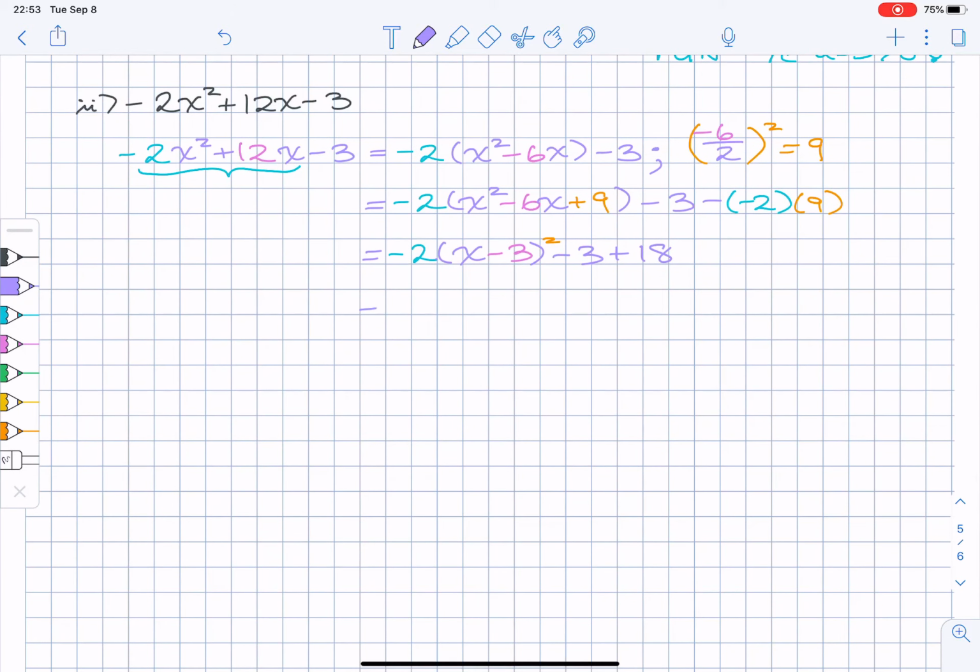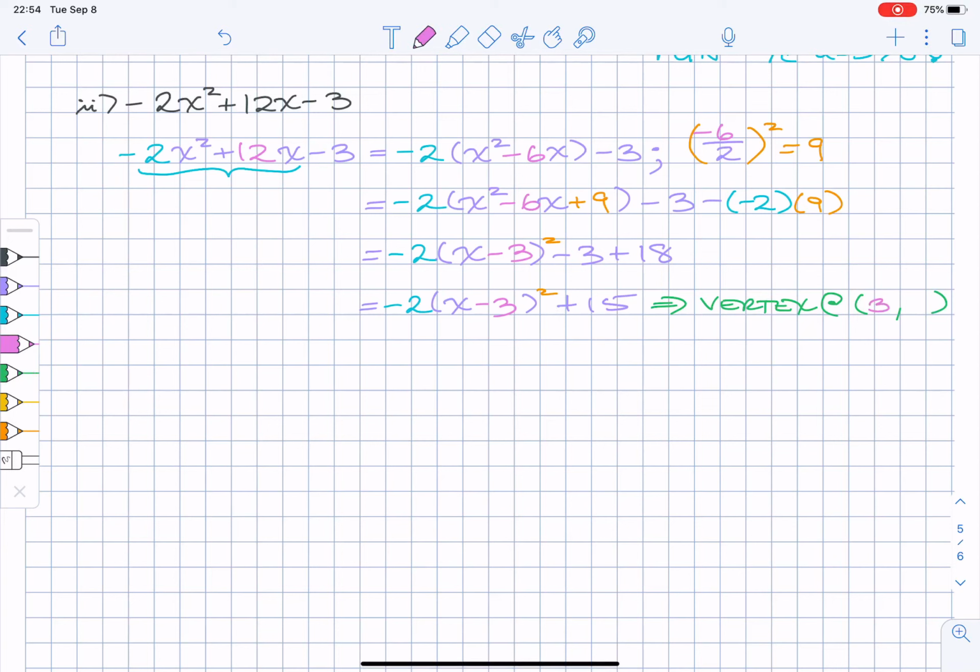So this gives us negative 2 times the quantity x minus 3 all squared plus 15. So I know my vertex will be at h comma k, which is 3 comma 15.